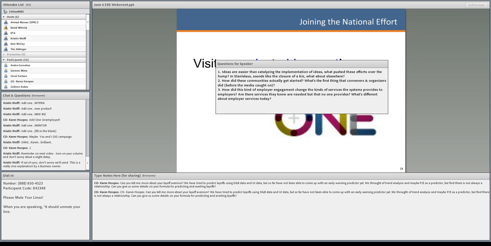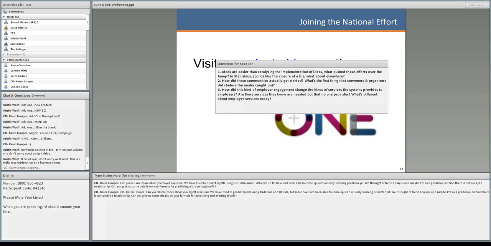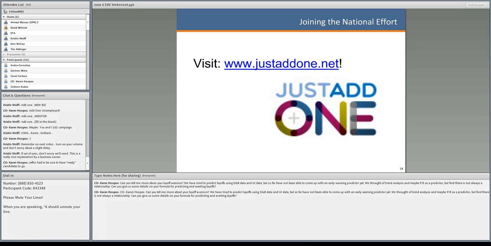And they were quite honest with me that it has not been a cakewalk, and it's been difficult because it's difficult for all of us to change the way that we do our work. So this has meant that they've really rethought how they do the assessment of both businesses coming in, but also of job seekers.